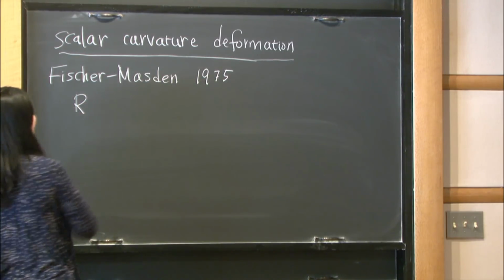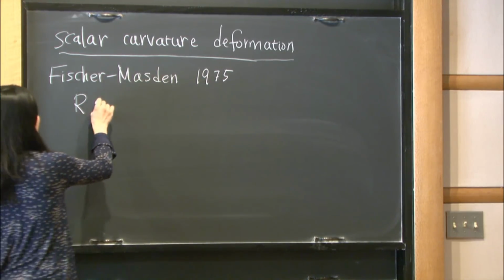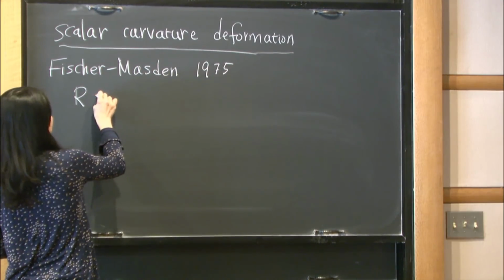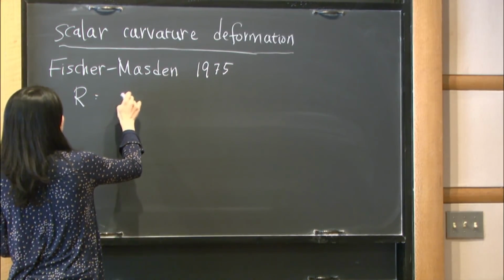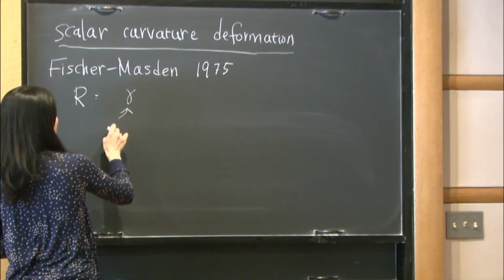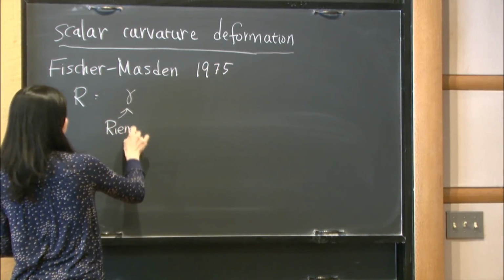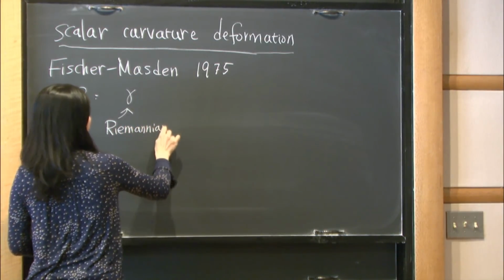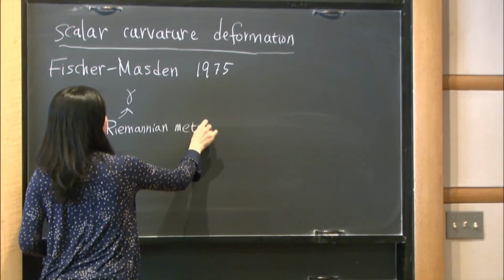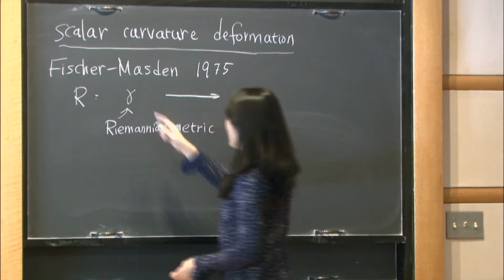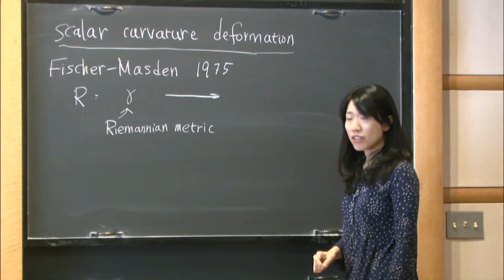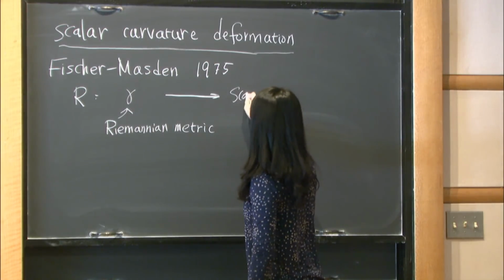So we'll let R denote the scalar curvature map. This is a map from gamma, which denotes a Riemannian metric, to a function, the scalar curvature of gamma.